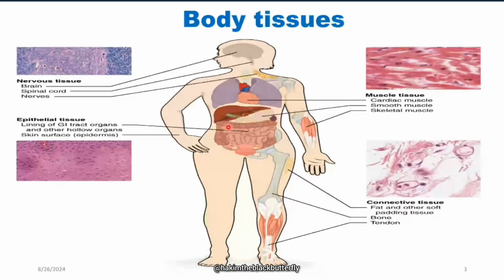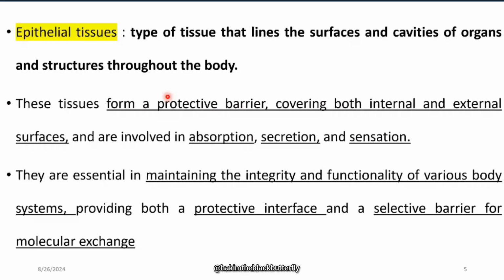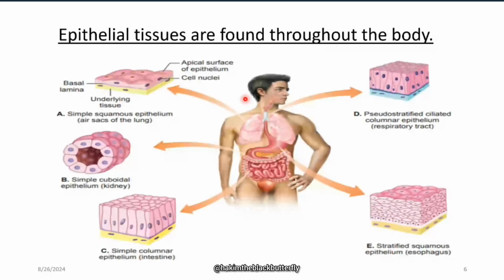so we are going to look at epithelial tissues, and these tissues, basically, you can also call them lining tissues. They are going to line different surfaces, cavities, and different structures throughout the body. And they have very many functions based on where they are found, as we are going to see. So they are found almost throughout the different parts of the body.